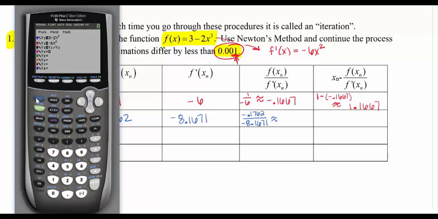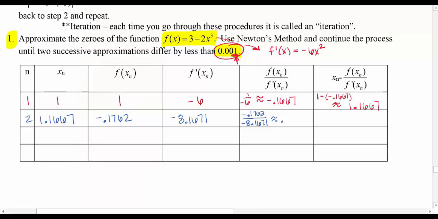So now when I go back to my table, I have a third column in there, after my x of course, of this ratio. So that would be 0.0216 if I round to 4 decimals. And so I'm taking my initial guess in this step, which was 1.1667, and I'm subtracting this off.